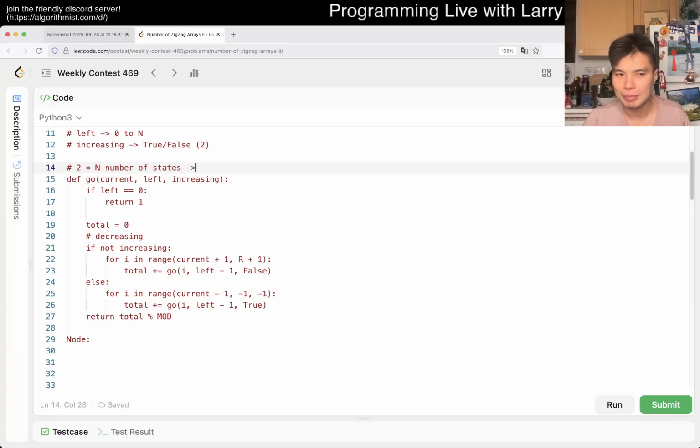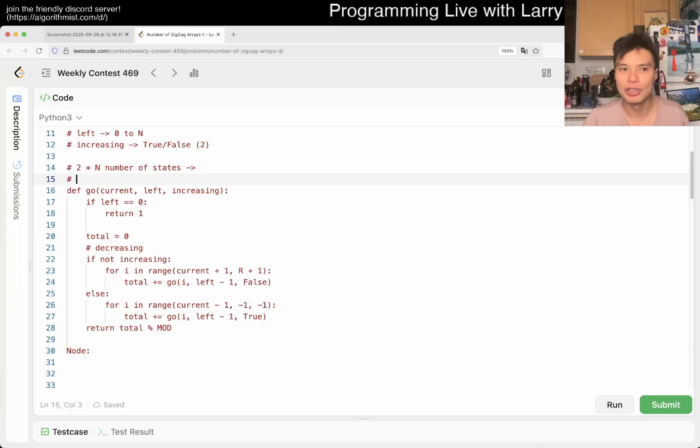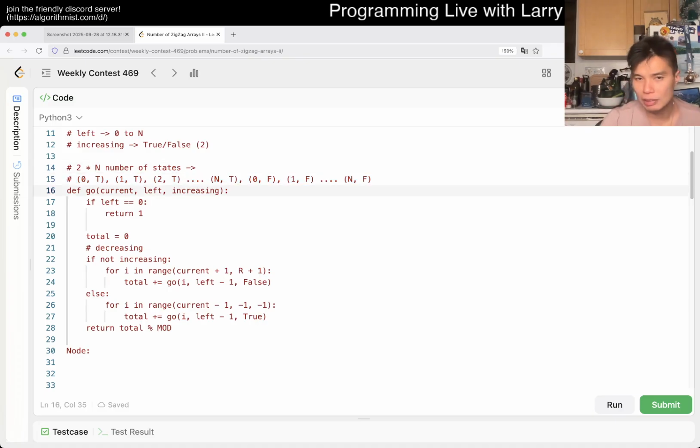It will go from 0 true, 1 true, 2 true, dot dot dot, all the way to n true, and then 0 false, 1 false, dot dot dot, all the way to n false, right? So here you have 2 times n states.